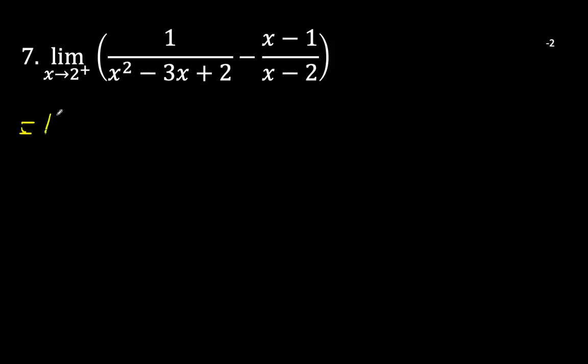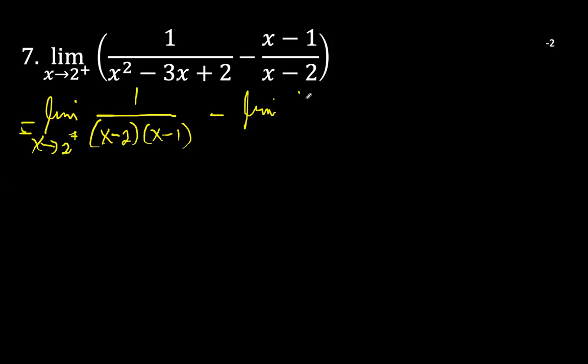So we can have the limit of 1 over, we can factorize the denominator, x minus 2 times x minus 1, as x approaches 2 from the right, minus the limit of x minus 1 over x minus 2 as x approaches 2 from the right.